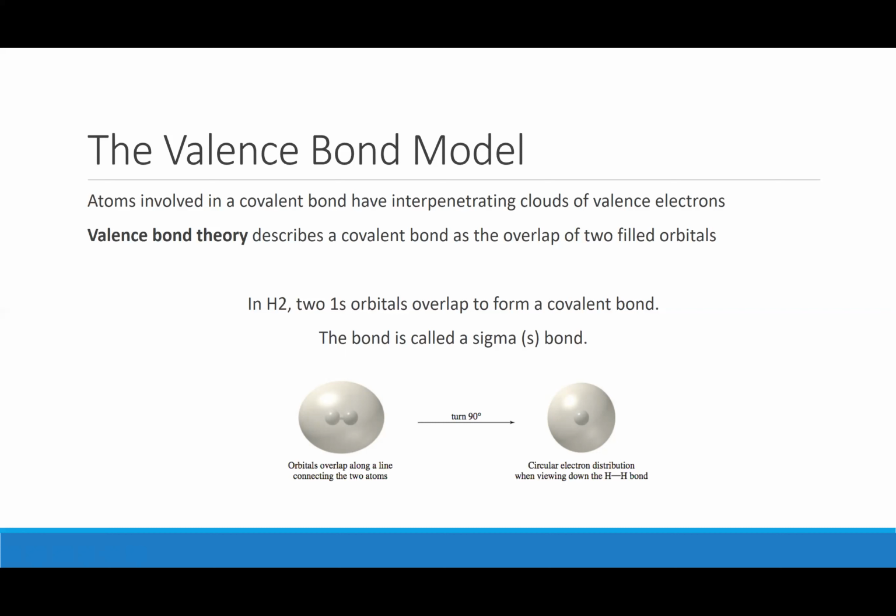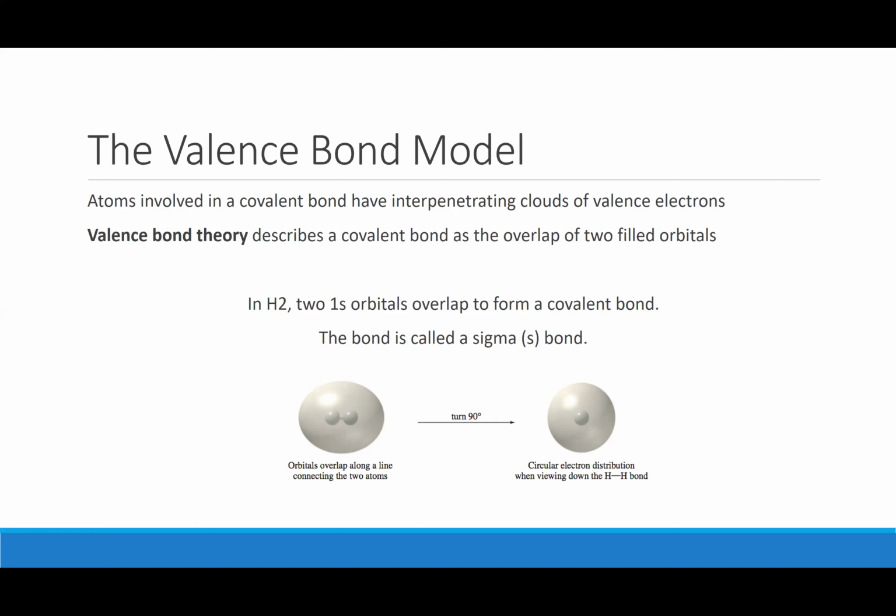For example, in H2, each hydrogen has an s orbital, and the covalent bond is formed from the overlap of these orbitals. When we have a bond like this, an overlap of s orbitals, that is called a sigma bond.